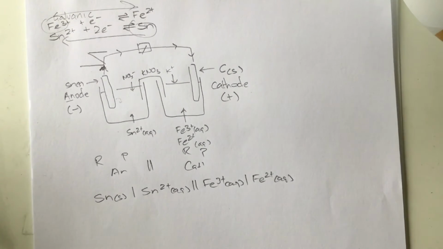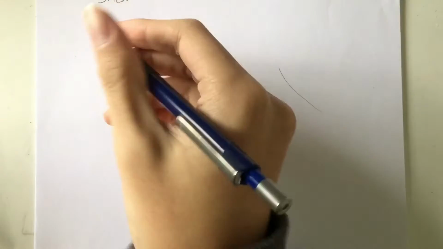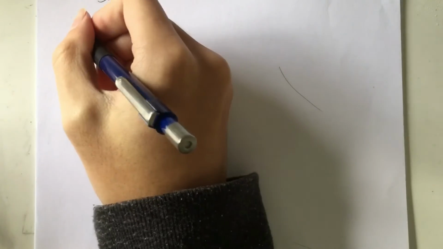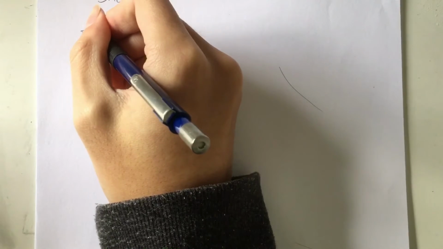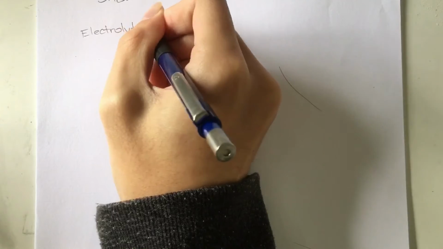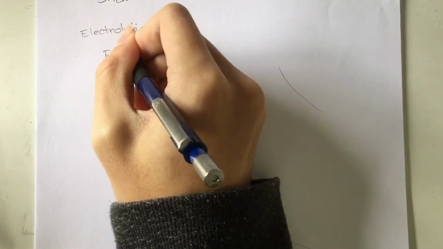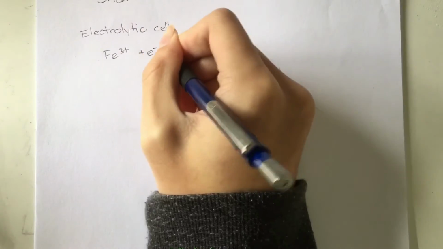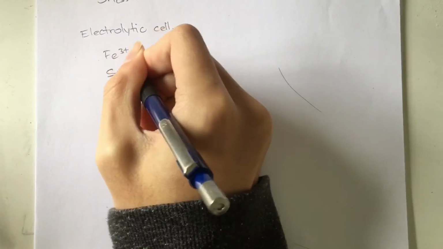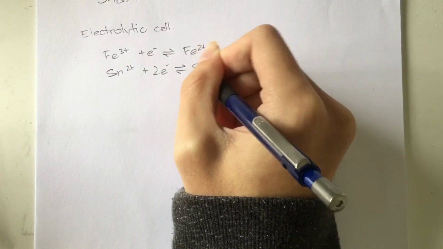Now we're going to do electrolytic to the same cell. Okay, so this is the electrolytic cell. We'll use the same iron and tin because it's cool.